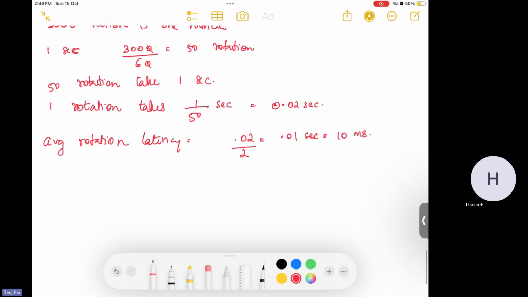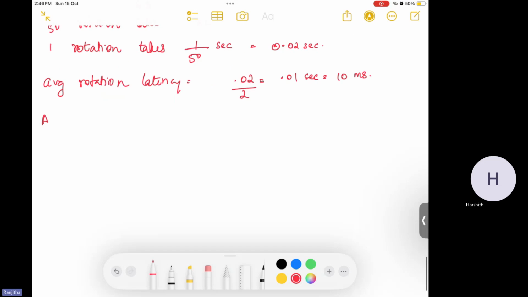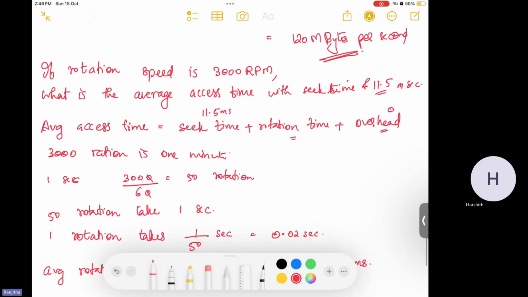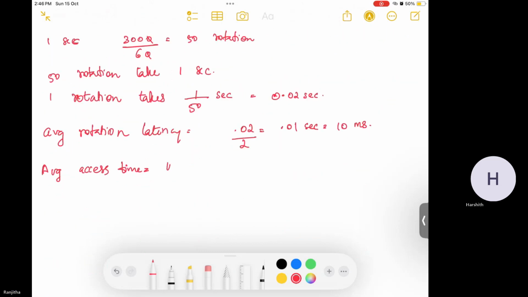Now the average access time will be seek time, which is 11.5, plus 10, which is 21.5 millisecond. That is the average access time.